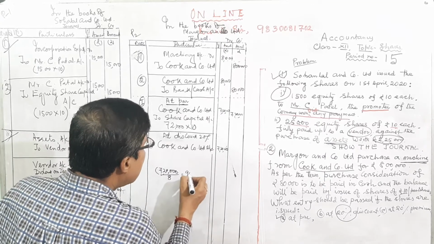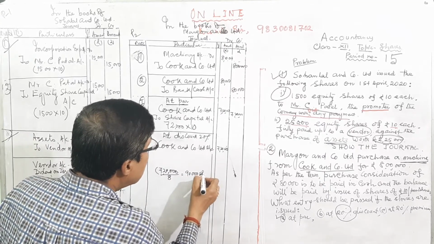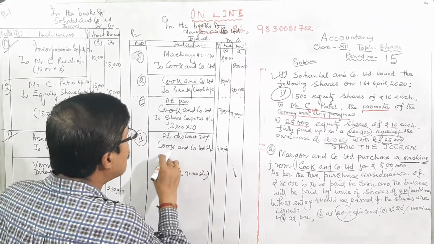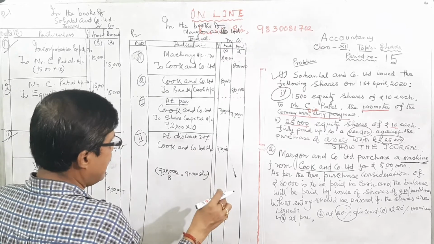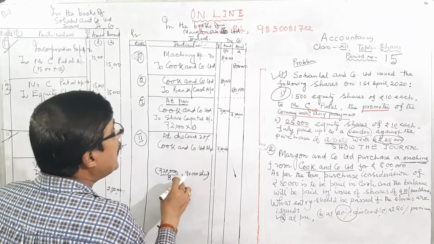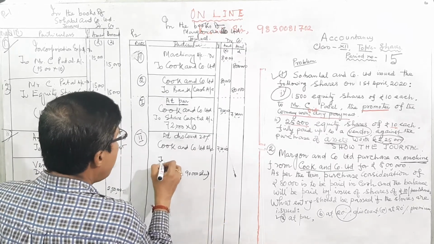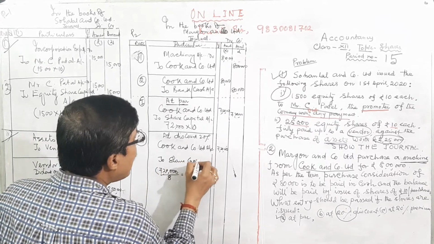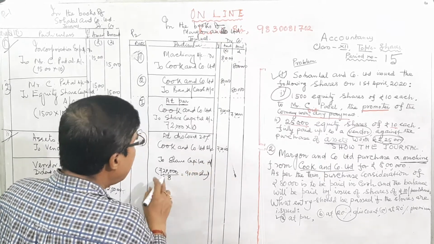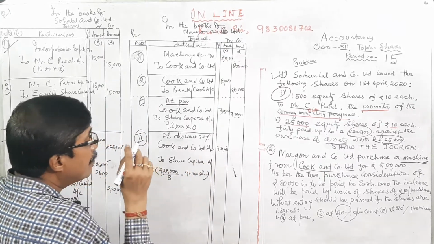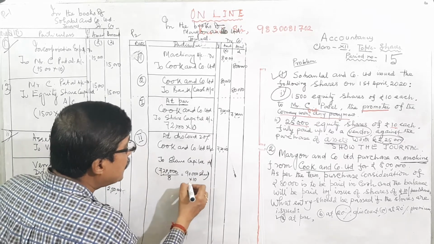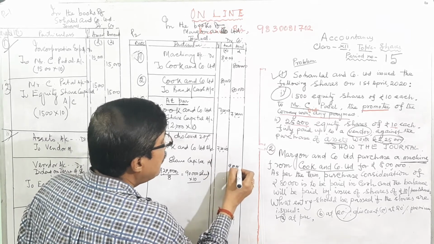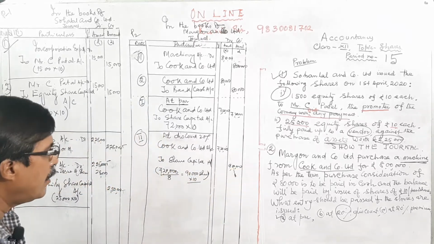So the company is issuing 90,000 shares to Cook and Company to pay off the rest of the purchase consideration. So share capital account is to be created. How much? 90,000 into 10 equals 9 lakhs. 9 lakhs share capital is to be created.